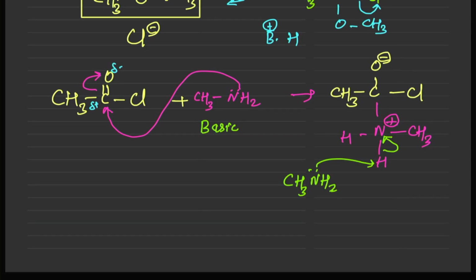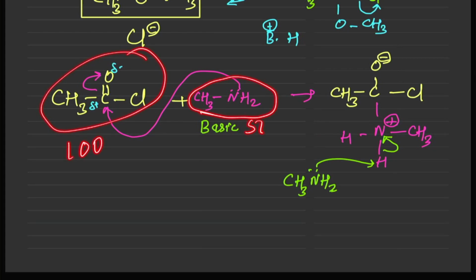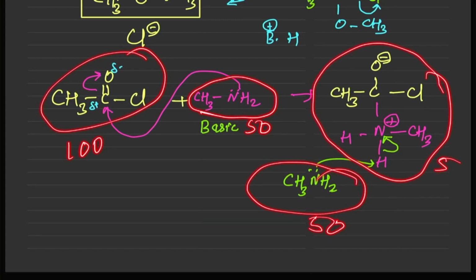So let's say if you have 100 of these, then 50 of them would be utilized here. Another 50 of these would be utilized here to abstract a proton. So how much product will you be making? You can only make 50. So in order to drive the reaction to completion, you need at least twice as much.